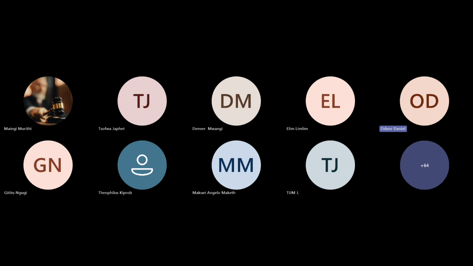So Diamond Trust Bank will give you 500 million, but you will register an interest in your company. In fact, your CR12 will show that Diamond Trust Bank has a debenture. A debenture meaning they have an interest over this particular asset that you own as Angelo and Company, for example.